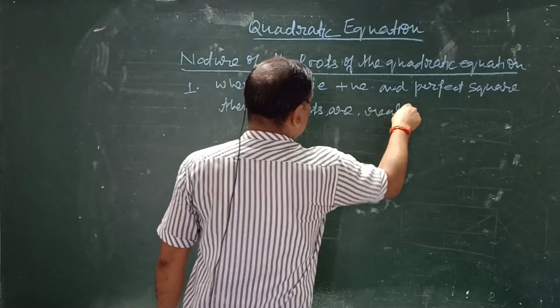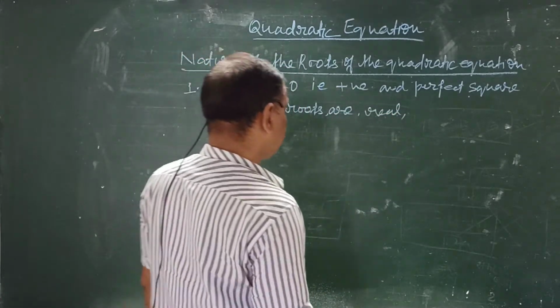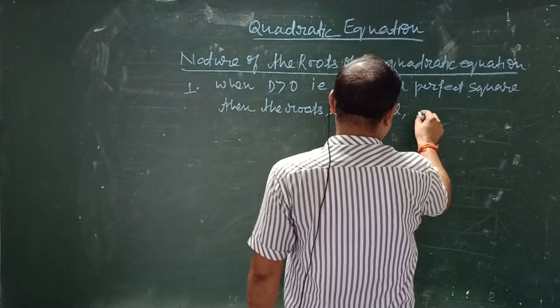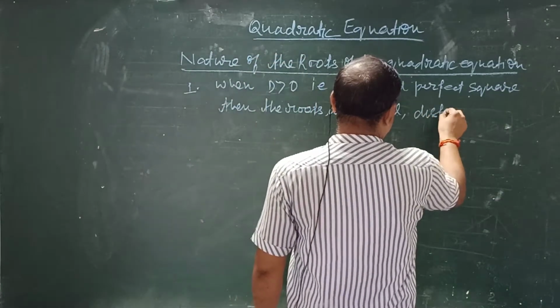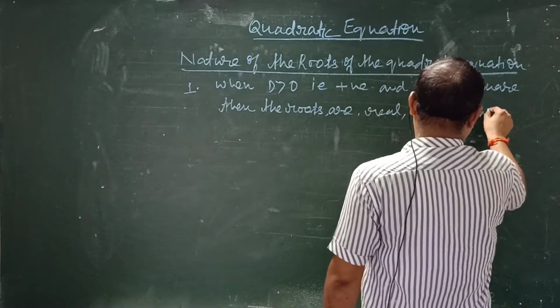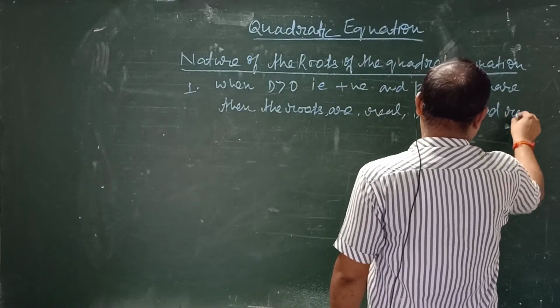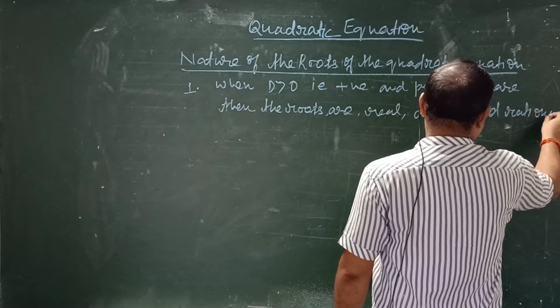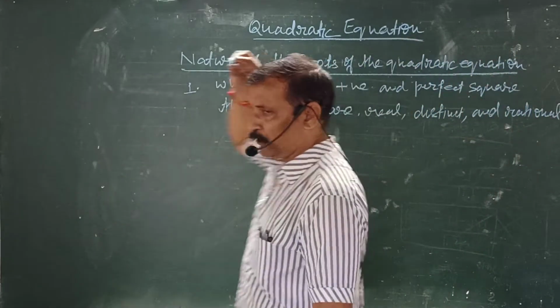real, distinct, and rational. ये 3 पॉइंट्स हम लिखेंगे.